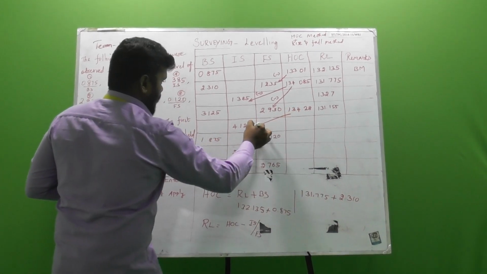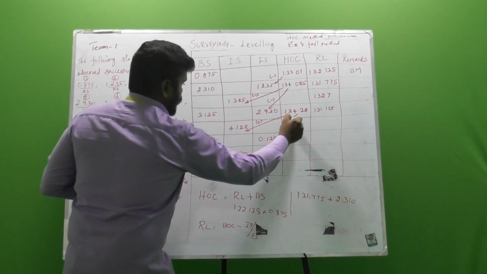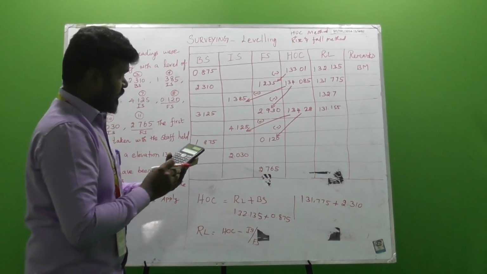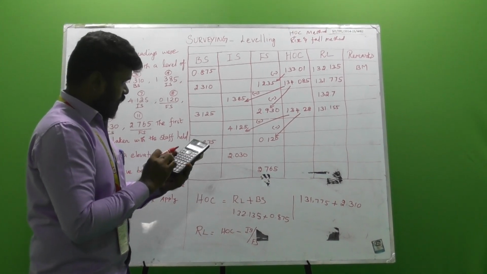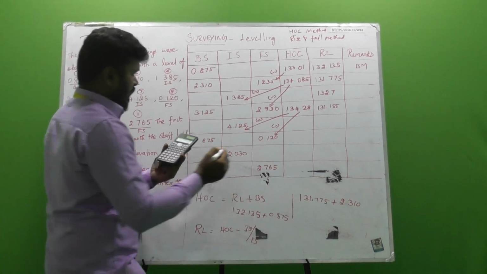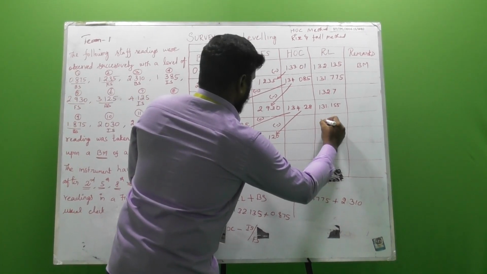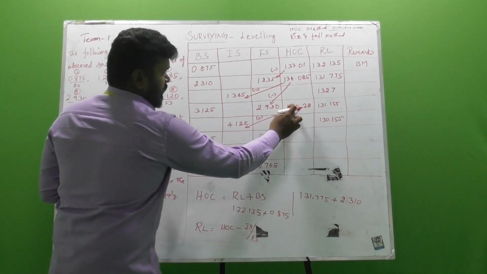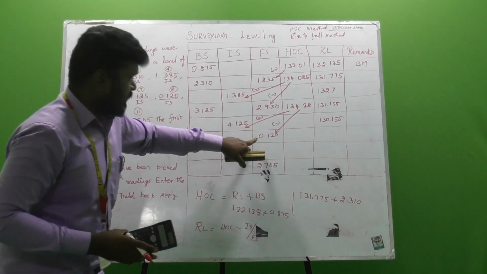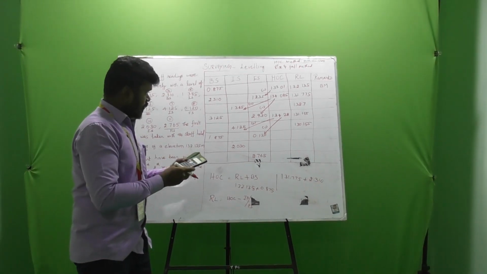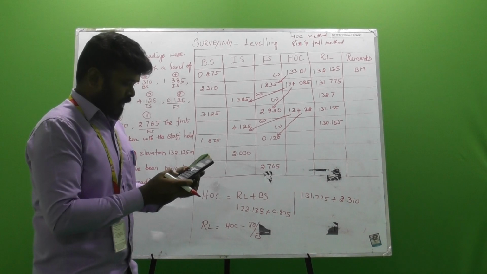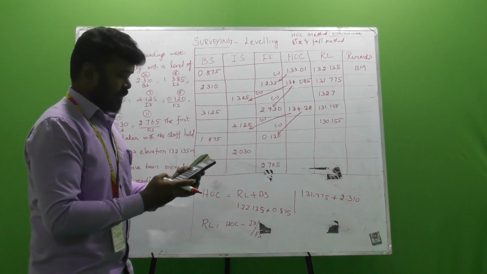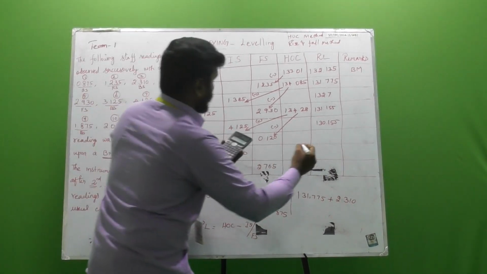HOC value is 134.28 minus 4.125, so we get 130.155. Same HOC value 134.28 minus 0.120, so we get the RL value.